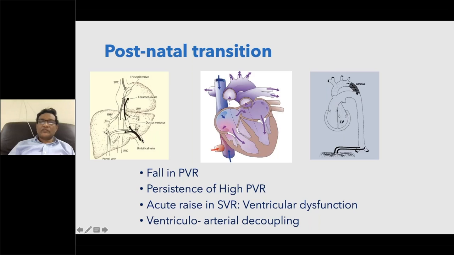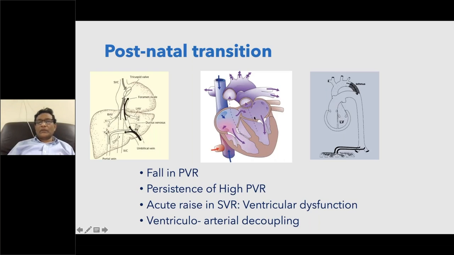As soon as the baby is born, the first breath itself will take oxygen to the lungs. The pulmonary vascular resistance will start falling. The lungs go from a solid state into a spongiform state. Then oxygenation will take place. The oxygenated blood from the lungs will go into the pulmonary veins.